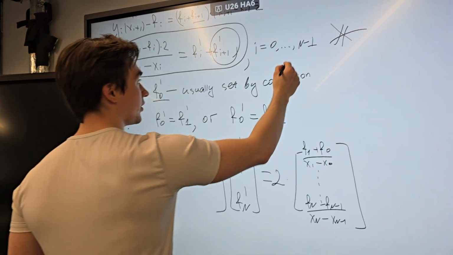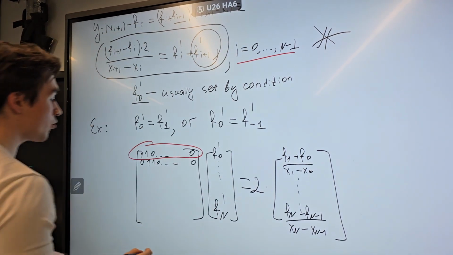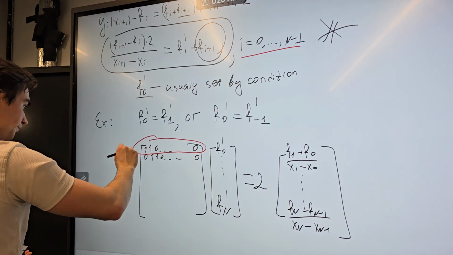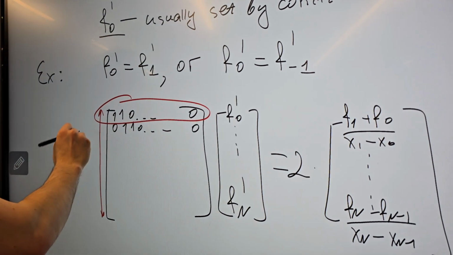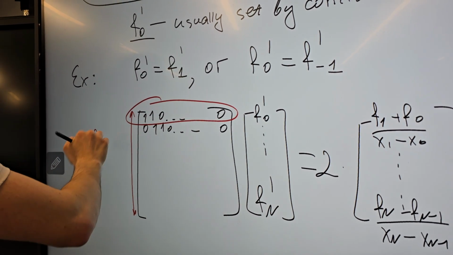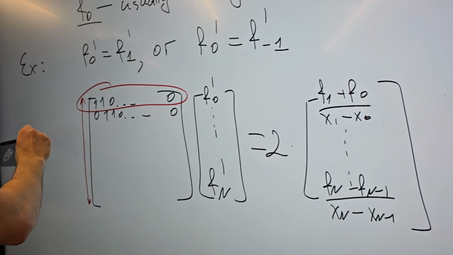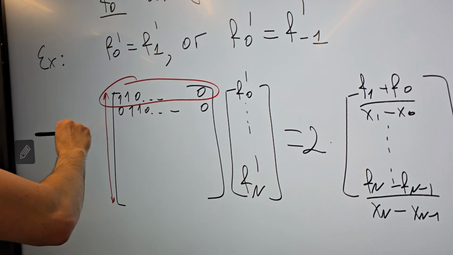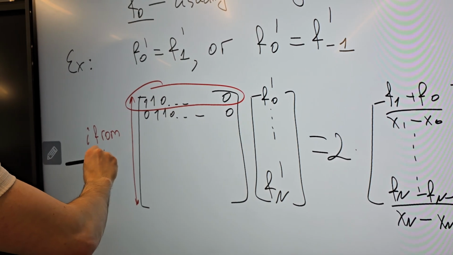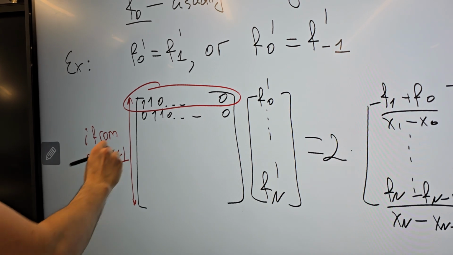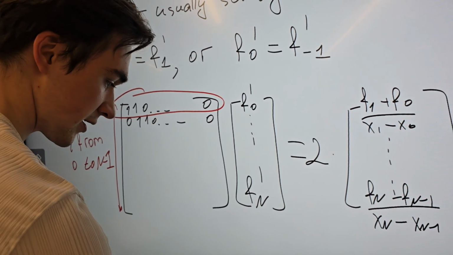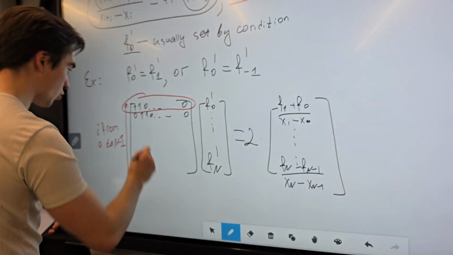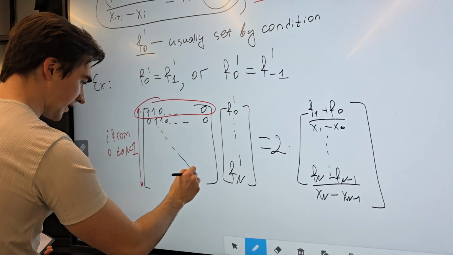And when we go to the last row, it's actually will be here we contain i from 0 to n minus 1. And here we will have these ones on the diagonal.